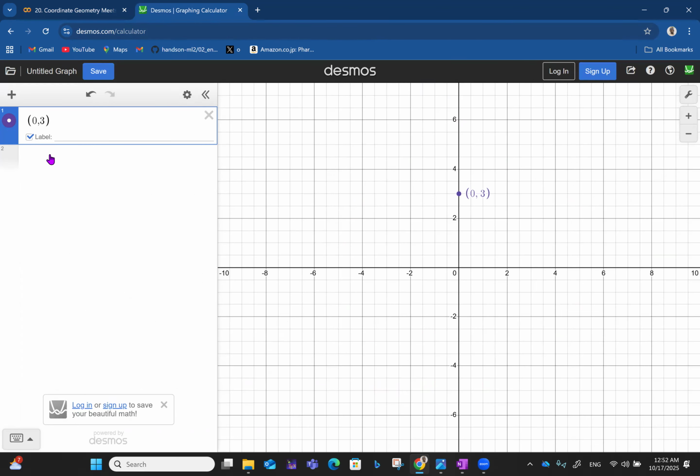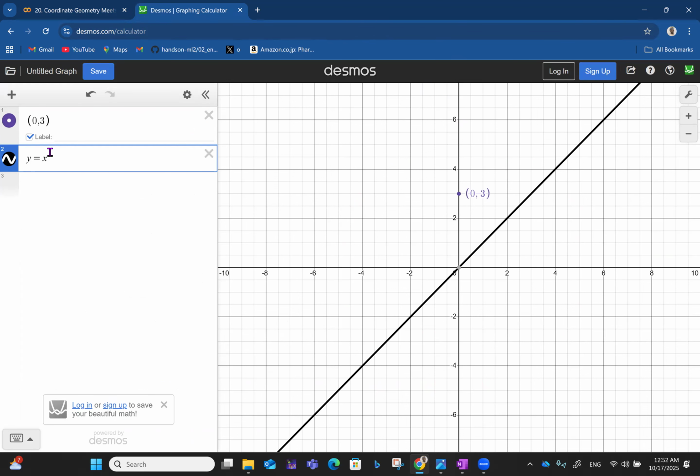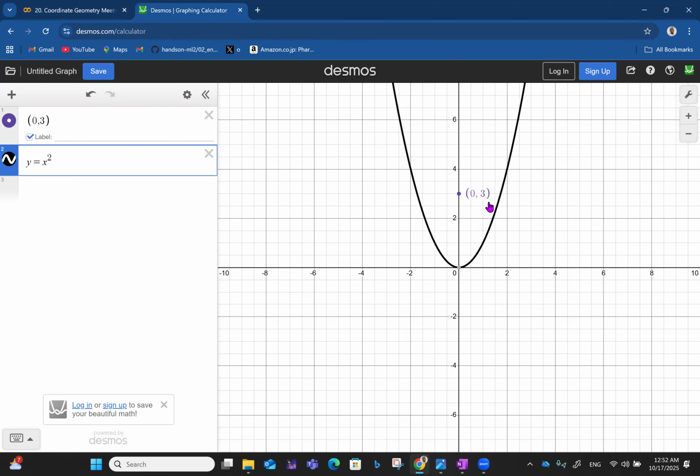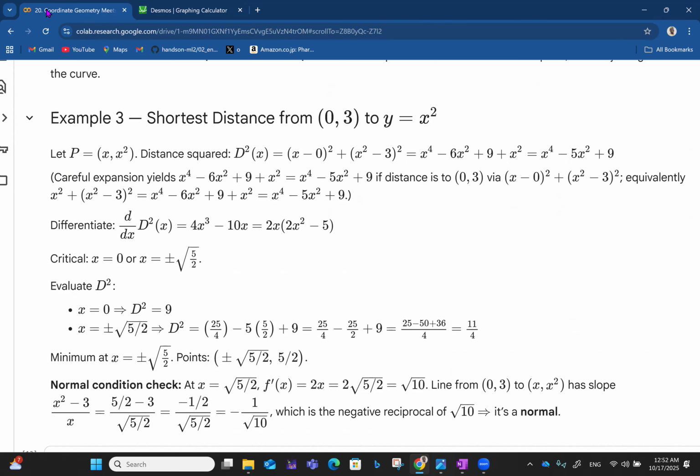So from this point, we want to find the shortest distance. You can go from here to here, or from here to here, but you want the smallest of that distance.